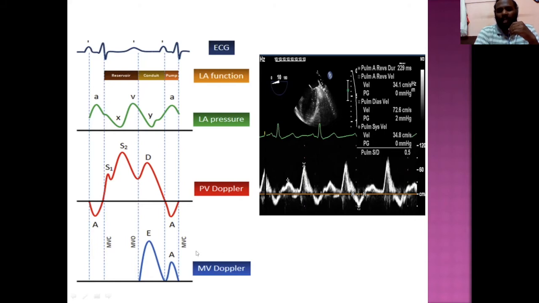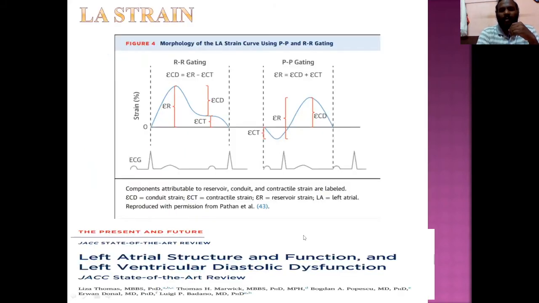It is not ready to take any more volume. So all these things are reflected back into the pulmonary vein trace. You get a higher velocity and for a longer duration. So an atrial reversal velocity of more than 35 centimeters per second, and a difference between the atrial reversal velocity duration and the atrial velocity duration of more than 30 milliseconds, say the atrial pressures are increased.